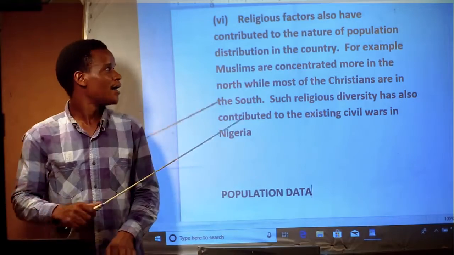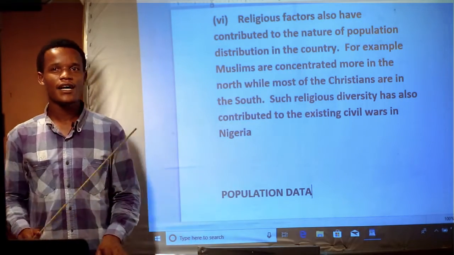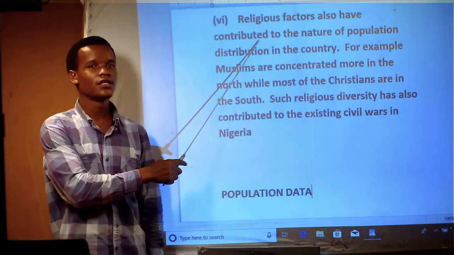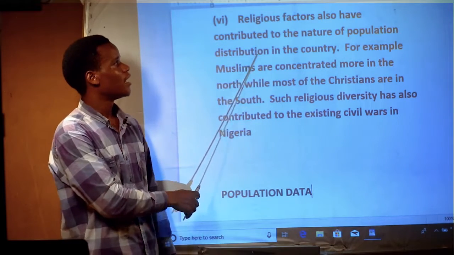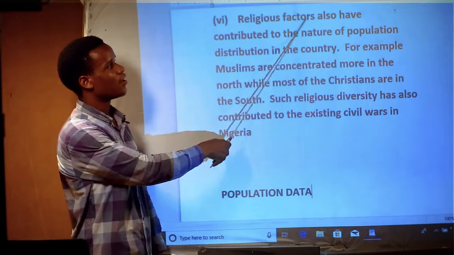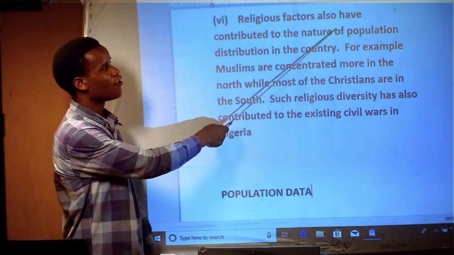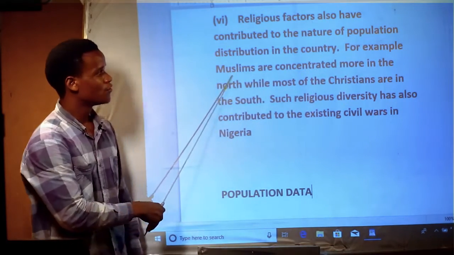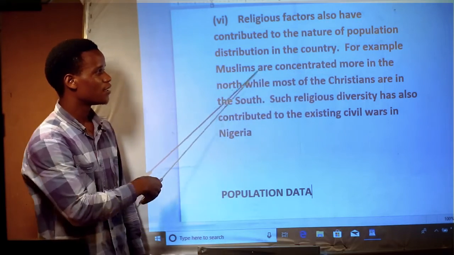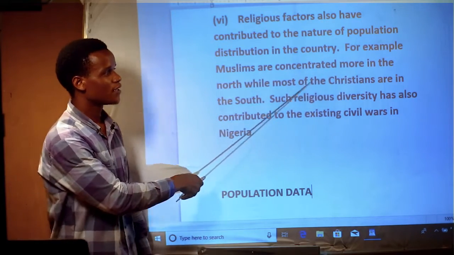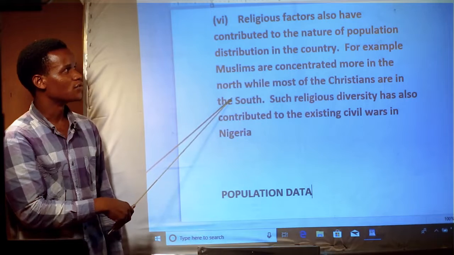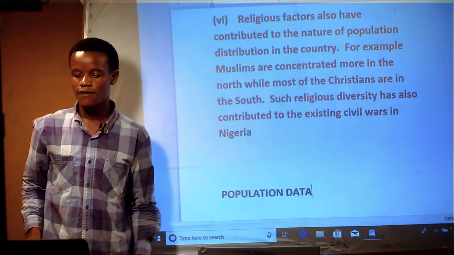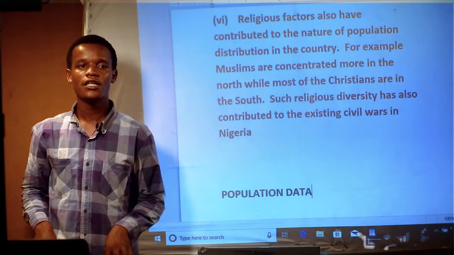Another point that leads to the uneven population distribution in Nigeria is the religious factor. Religion has also contributed to the nature of population distribution in the country. For example, Muslims are concentrated more in the north, while most of the Christians are in the south. So religion is among the factors that lead to the uneven population distribution.